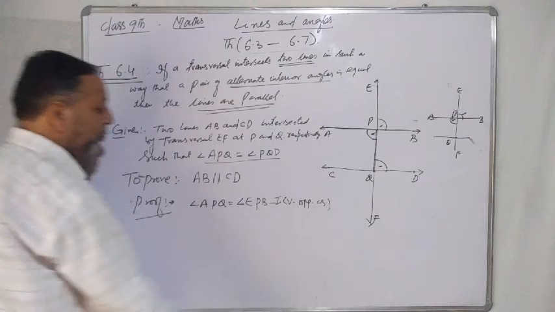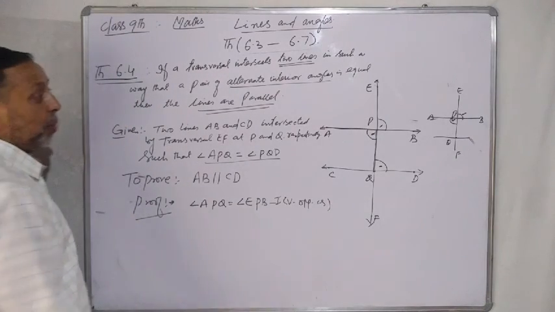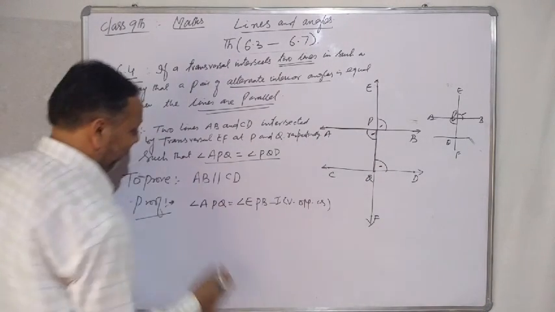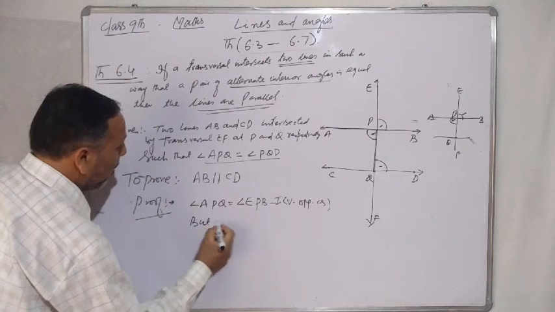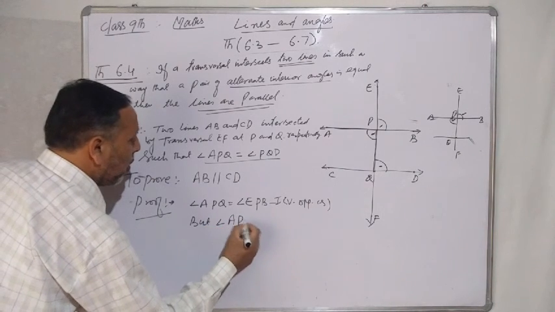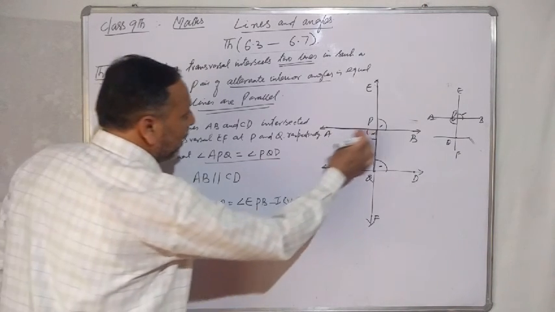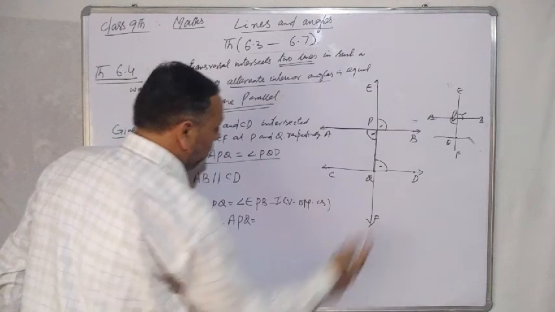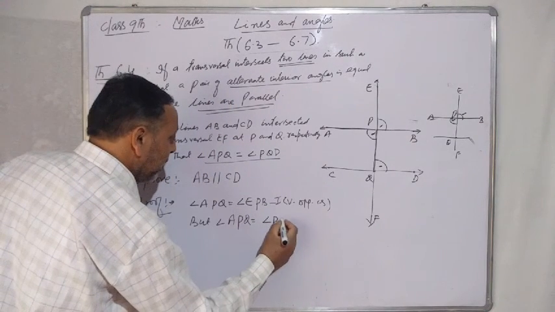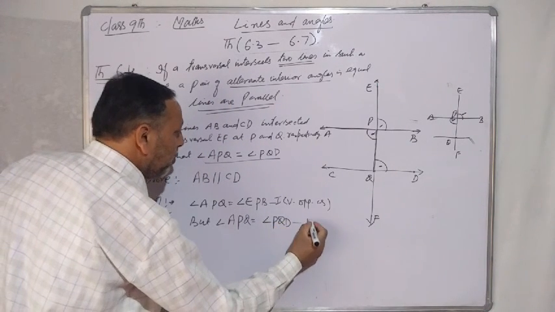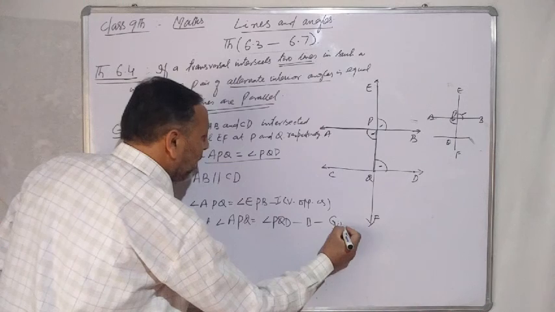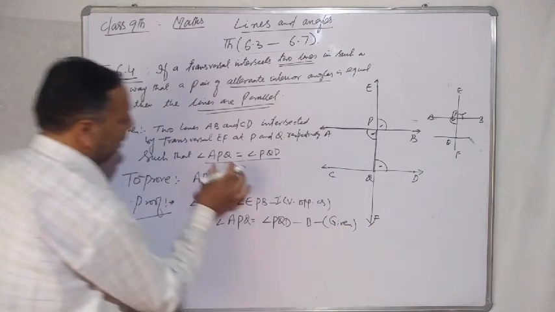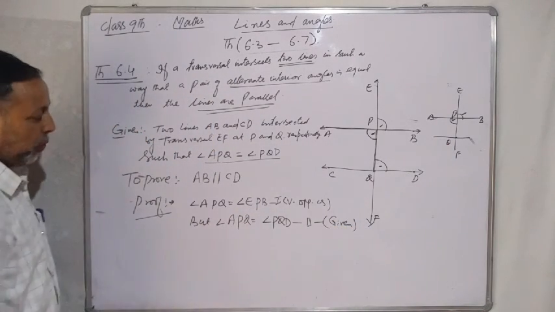First, keep this equation first. But angle APQ, this angle APQ is equal to angle PQD. This is given. It's already given in the question that angle APQ is equal to angle PQD.